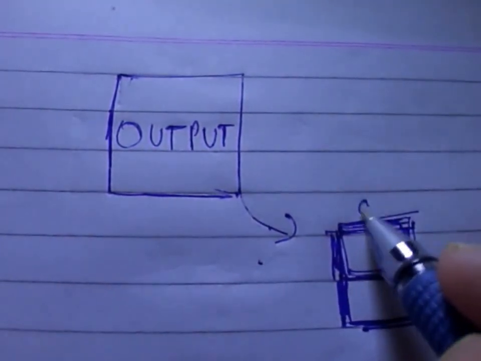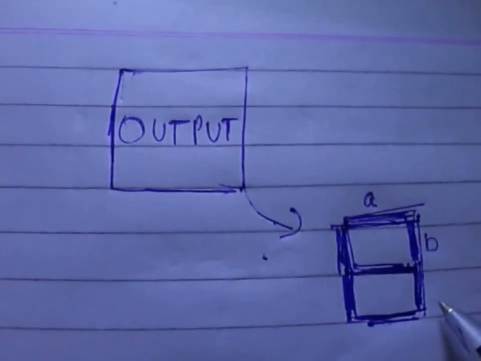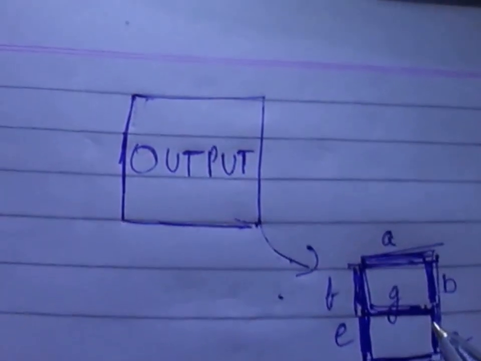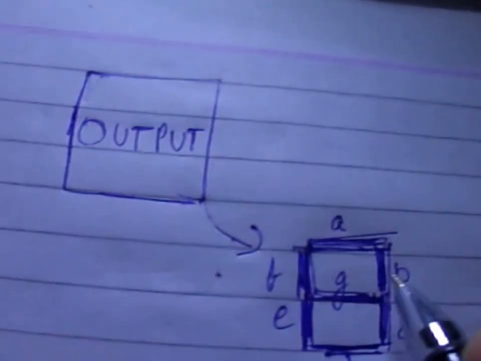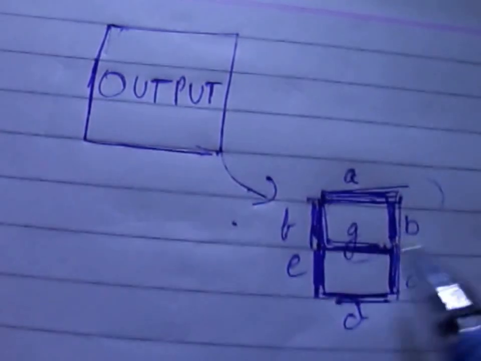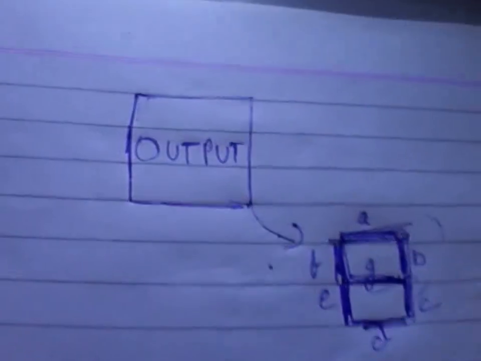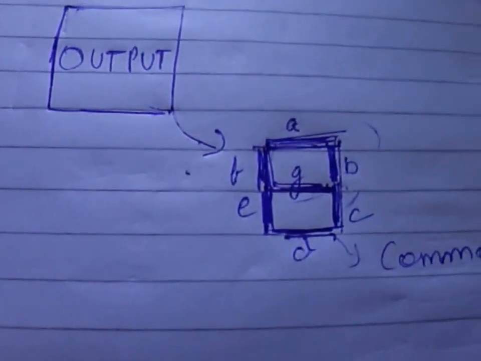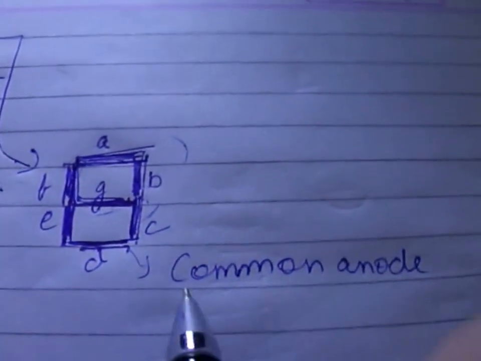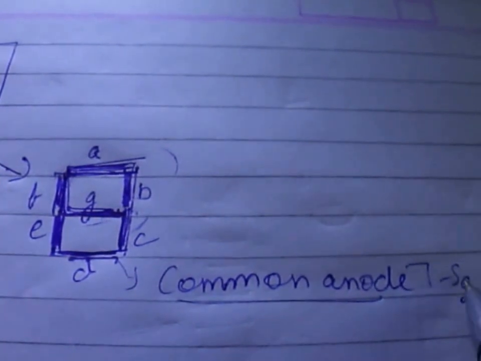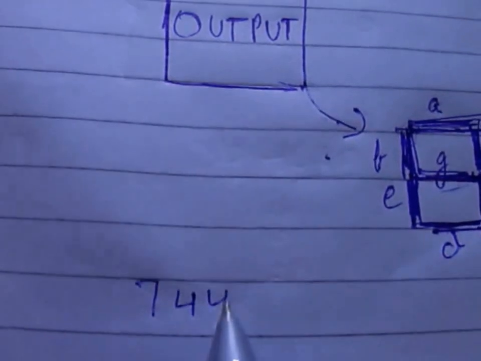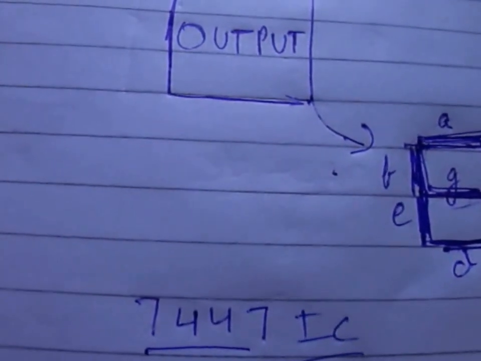The 7 segments are labeled as A, B, C, D, E, F and G. Now to drive this LED we also need a decoder, that is a digital IC, and since I am using a common anode 7 segment display, I'll be using a 7447 IC for this purpose.